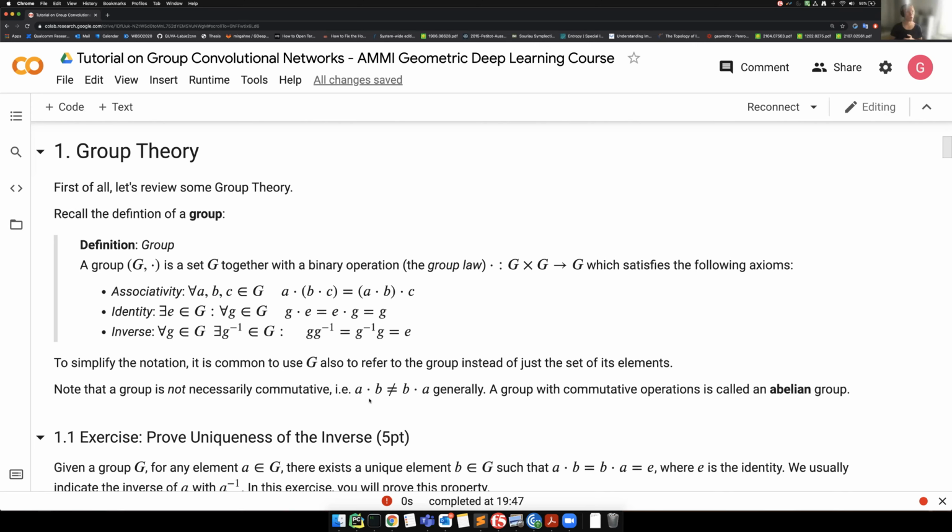The planar rotations are still a commutative group, so it's still a special case. But now if you take not only rotations, but also mirroring around one axis, this group is a bit more complex and it's not commutative anymore. If you take a rotation and then do a mirroring, it's different than first doing a mirroring and then applying a rotation.